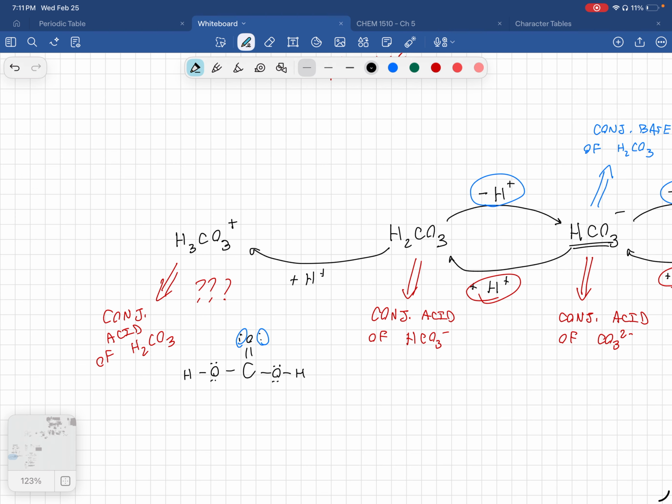So this species would be, if it existed, the conjugate acid form of H2CO3. You'll note that the terms acid and base are relative. It depends on the behavior of the species and on the environment that species is in.